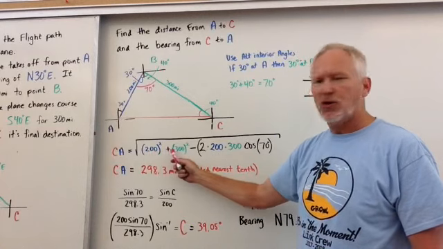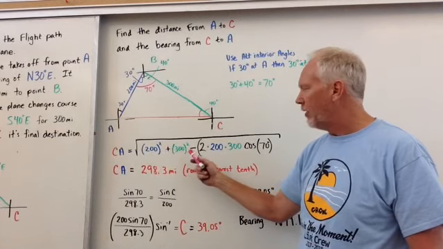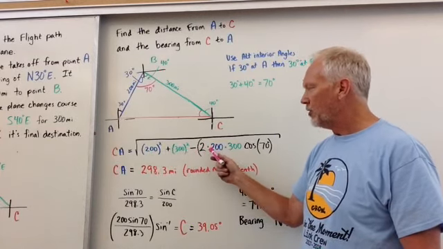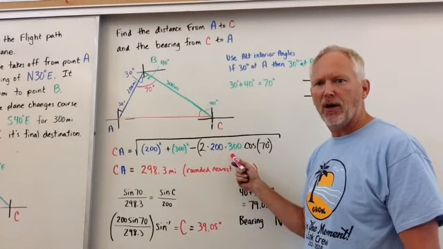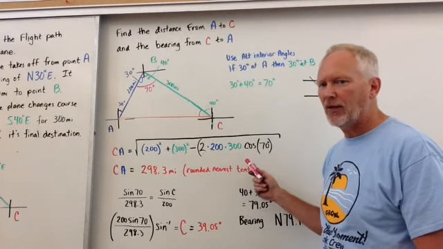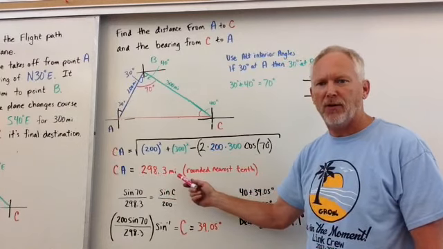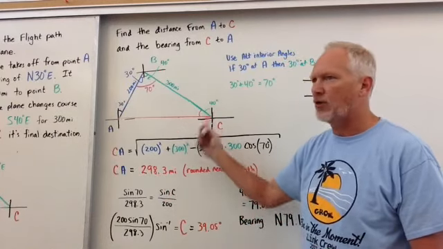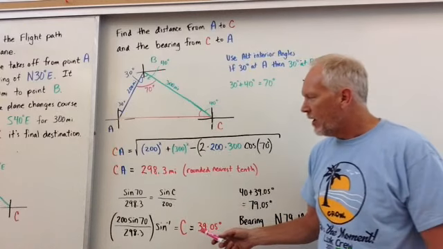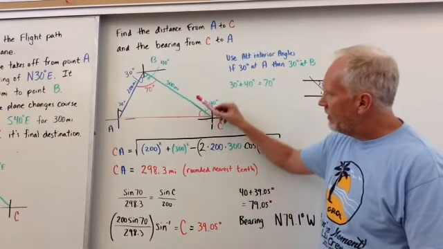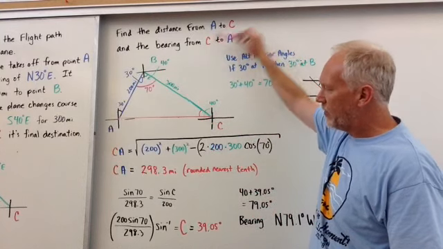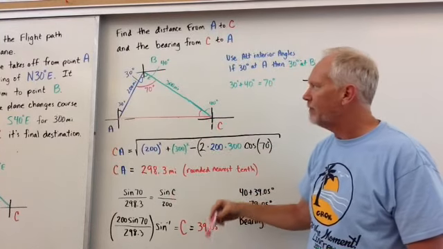So we have 200 squared plus 300 squared minus 2 times 200 times 300 times the cosine of 70. And when you do that, you get 298.3 miles. So pretty close to 300 miles, almost the same distance. So that's the distance from A to C, 298.3 miles.